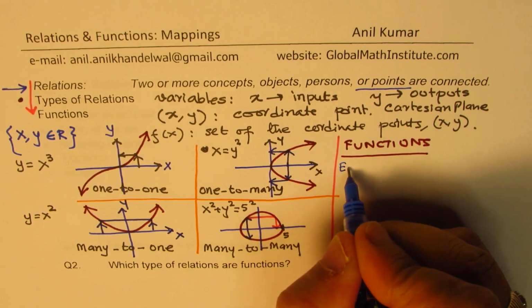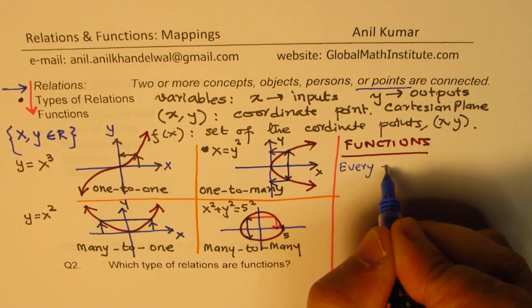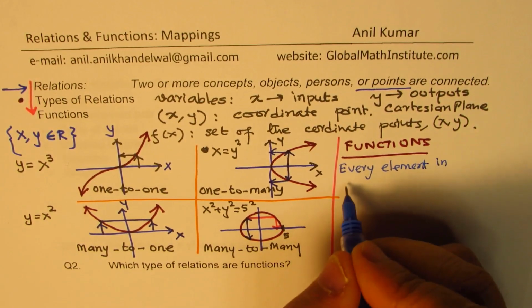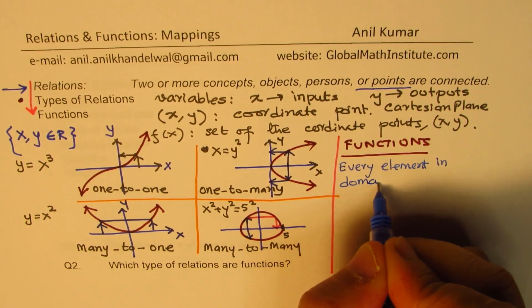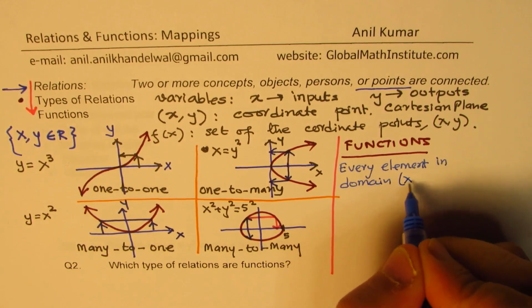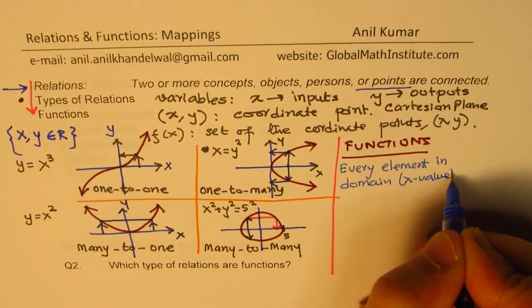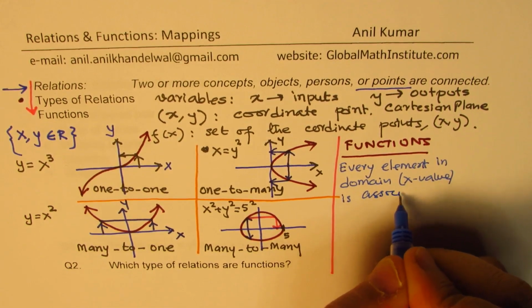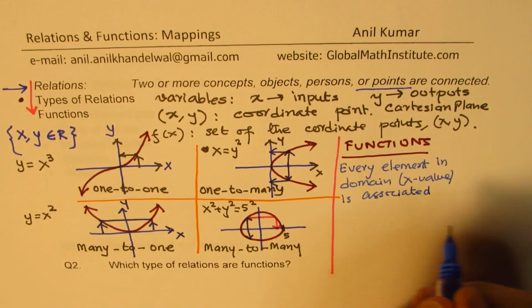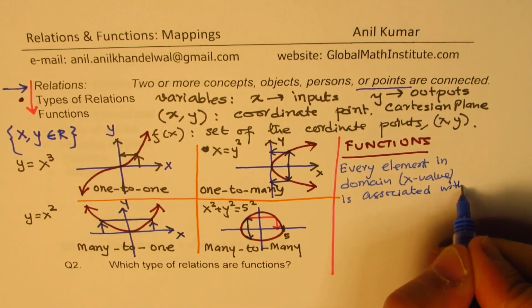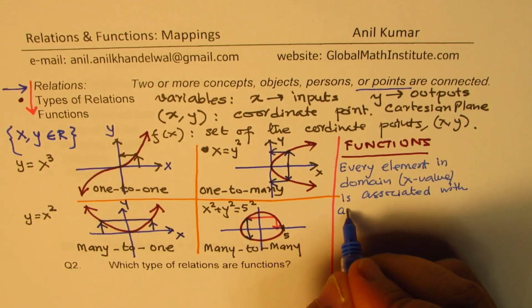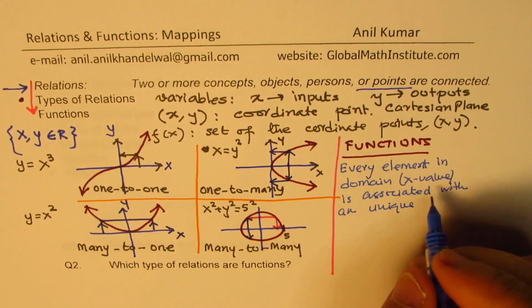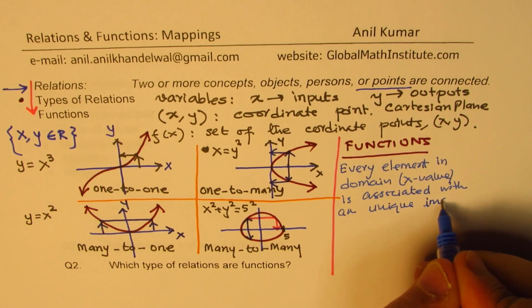So we have every element in domain, we'll say, that is the x value, right, is associated or linked with an unique image.